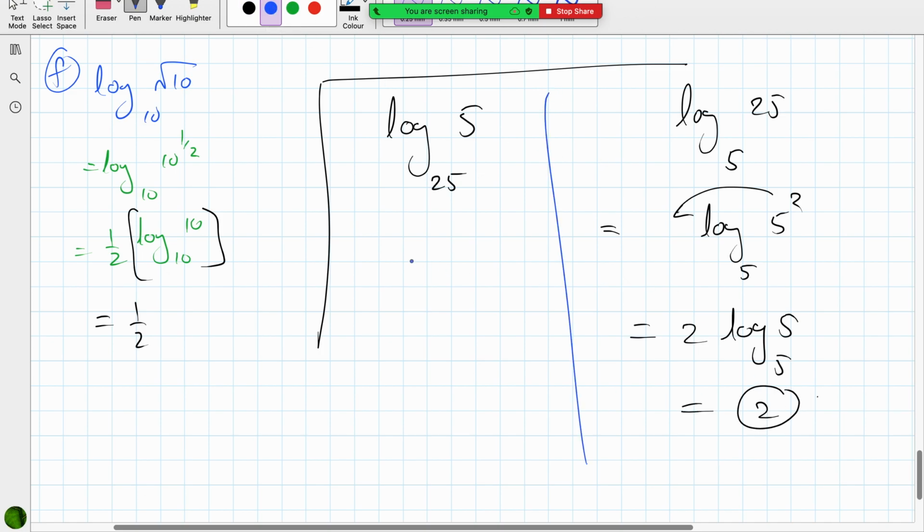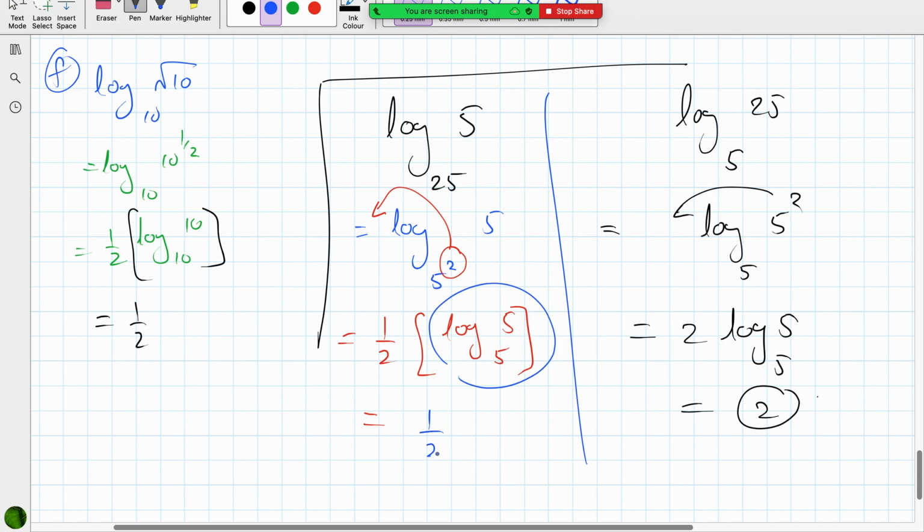In this case, compare these two. We can write log 5 to base 5 squared. Now this 2, when it comes out, this becomes the reciprocal. It is 1 by 2 into log of 5 to base 5. So this thing in bracket becomes 1, and your answer is 1 by 2.